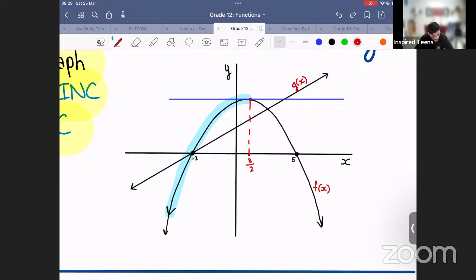Okay, Zoom is just not responding. Let's just wait.